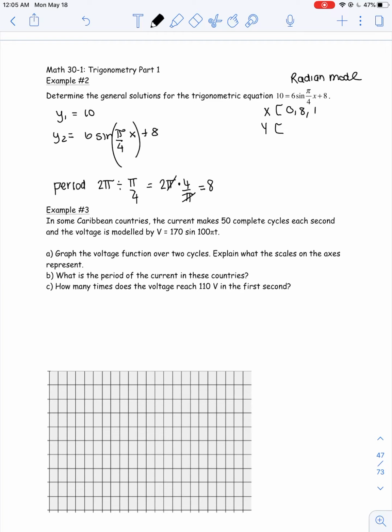So that's 1 period. 0 to 8 going up by 1. So that's the scale I'm going to set for my x value. So use your period as a hint. And then your range, we know that our graph is going to go, the midline is going to be at 8, and it's going to be 6 above that and 6 below that.